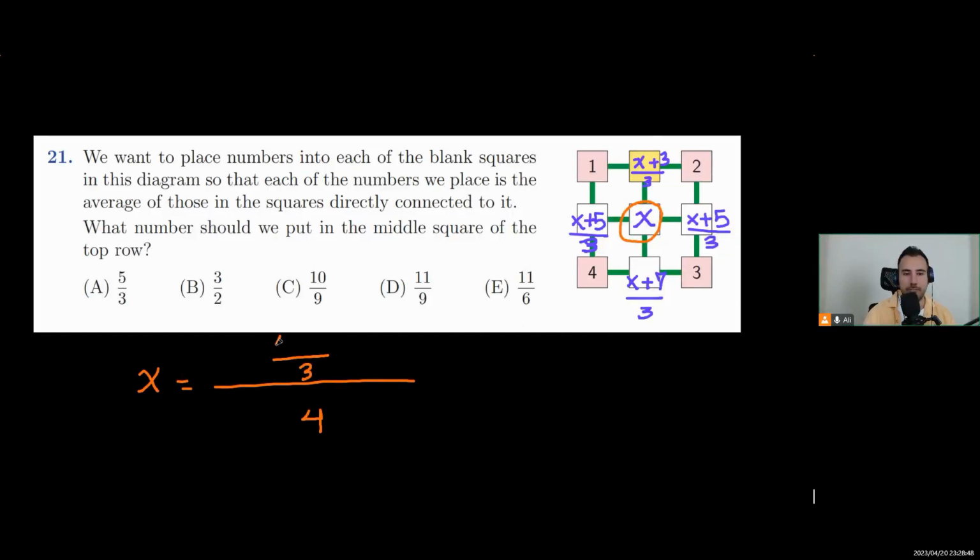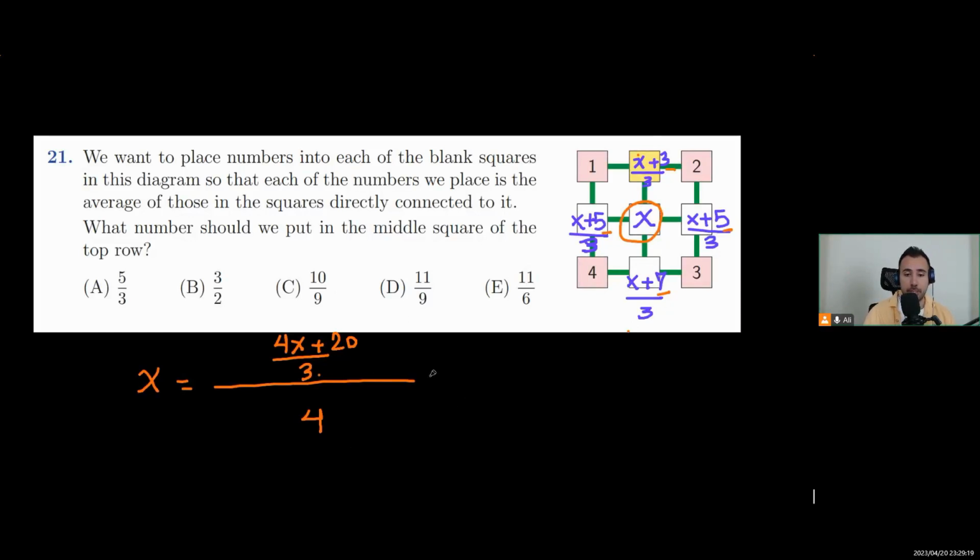It's going to be 4x, because we have 4: 1, 2, 3, 4. And plus 3 plus 5 is 8, 15, 20. So it's going to be 4x plus 20, divided over 3, over 4. This 3 is from these, and dividing by 4 is because of the average of the 4 terms.